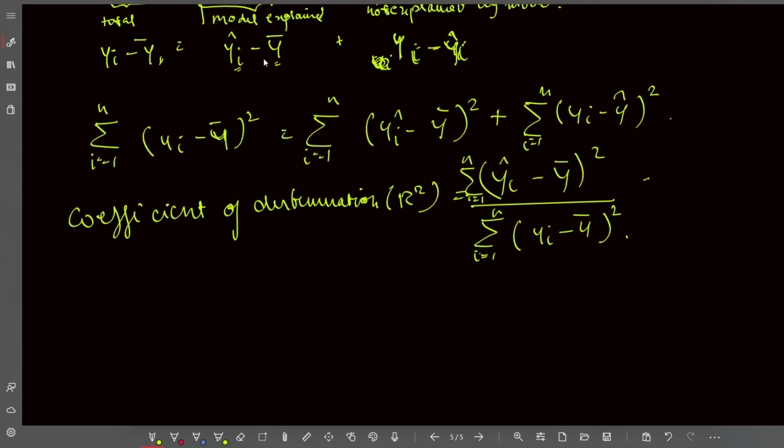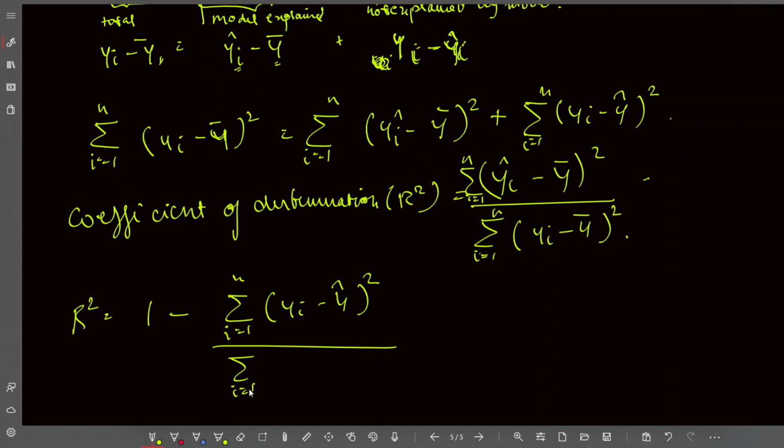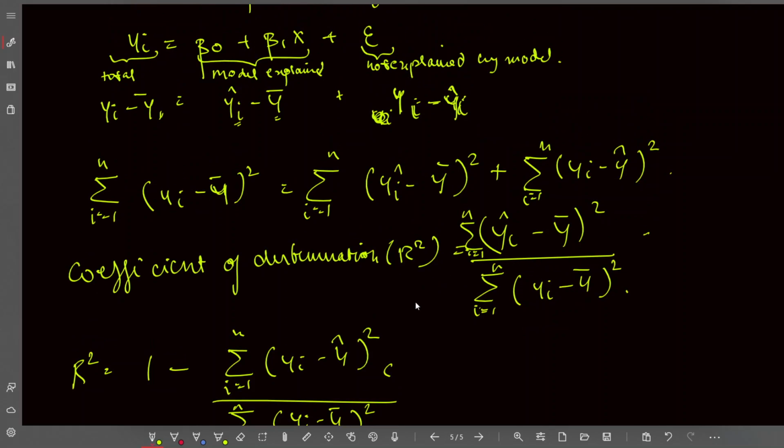So the coefficient of determination can also be written as R square equals 1 minus sigma i equals 1 to n of yi minus yi hat the whole square upon sigma i equals 1 to n of yi minus y bar the whole square. So it can also be explained by this. This is basically nothing but the errors, the variation which is not explained by the model.